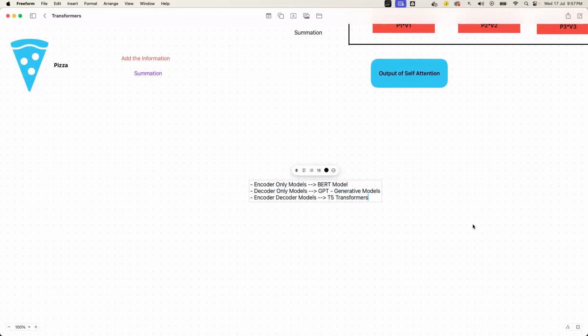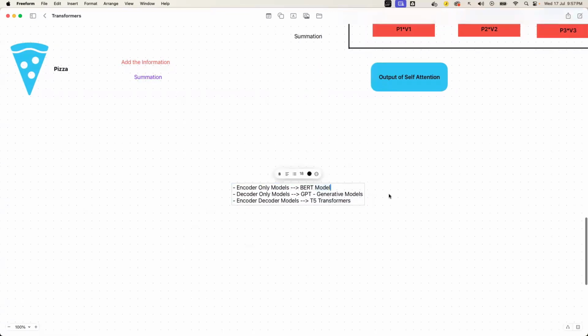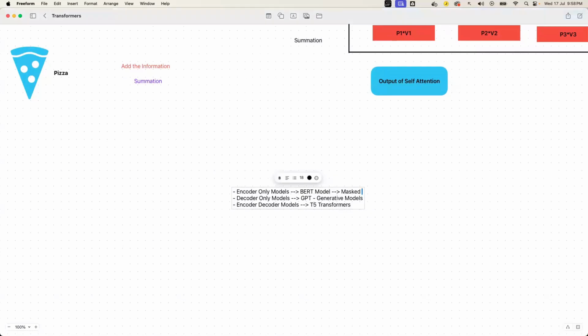Let's go ahead and try to understand these encoder, decoder, and encoder decoder models, and how they are actually trained. Now, let's talk about the BERT model. This overall large language model has been trained on two tasks.